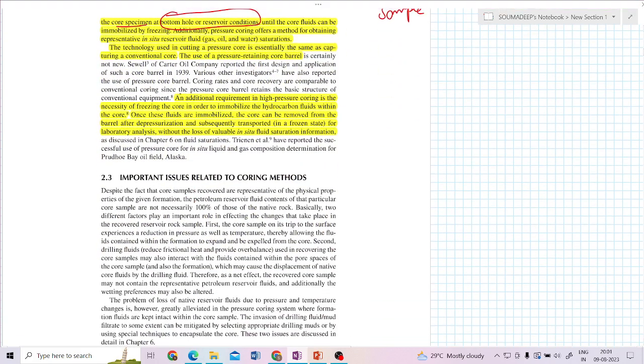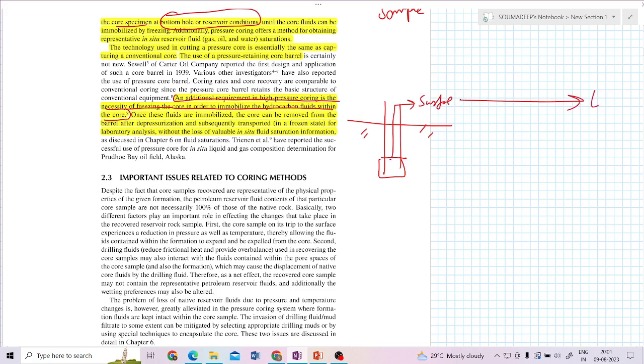An additional requirement of high pressure coring is the necessity of freezing the core in order to immobilize the hydrocarbon fluids within the core. Once these fluids are immobilized, the core can be removed from the barrel after depressurization and subsequently transported in a frozen state for laboratory analysis. What happens is that the high pressure core brings the core sample to the surface. Now, from the surface, we need to take it to the laboratory.